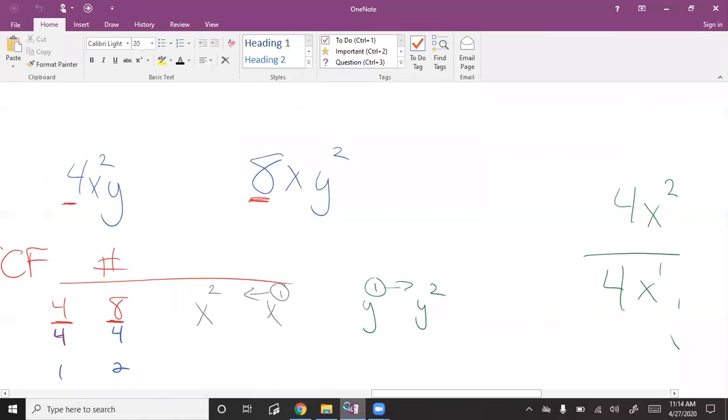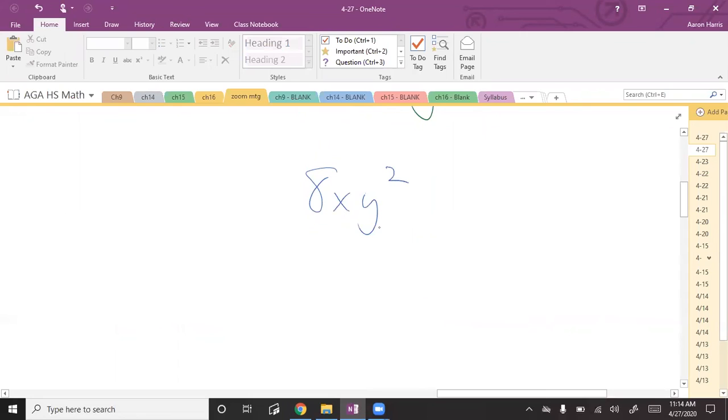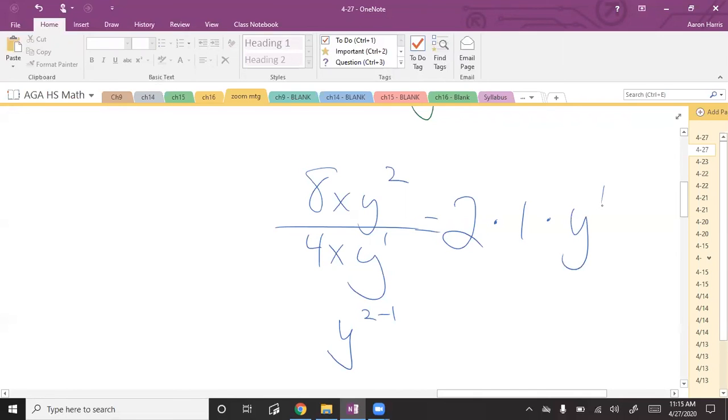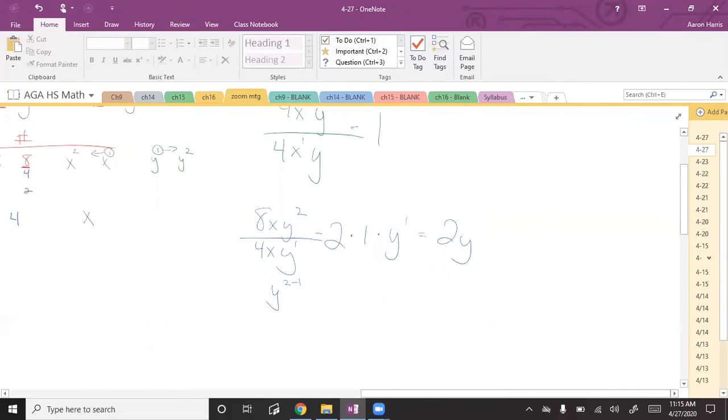We said that was 2. That was 1. And y there is y squared minus 1. So I get y to the 1. So that really simplifies to just what? 2y. It's a whole number, correct? So I'm good to go.